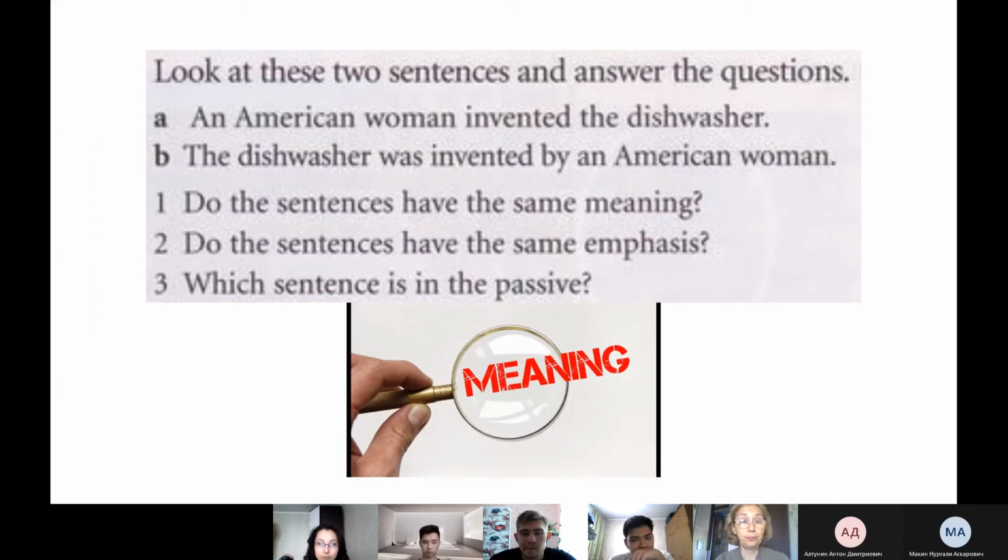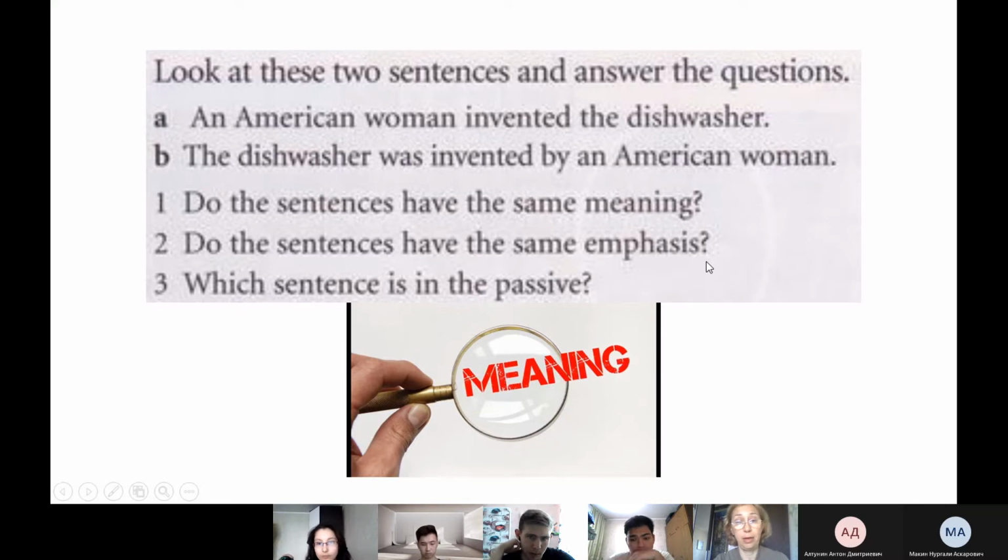So, here we have the information about the passive voice and a couple of sentences that illustrate this grammar. One of them says, an American woman invented the dishwasher. And B sentence says, the dishwasher was invented by an American woman. The question is, do the sentences have the same meaning?